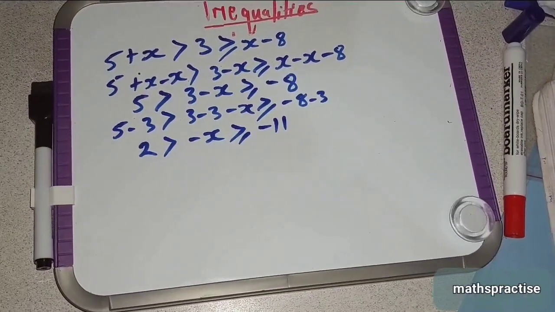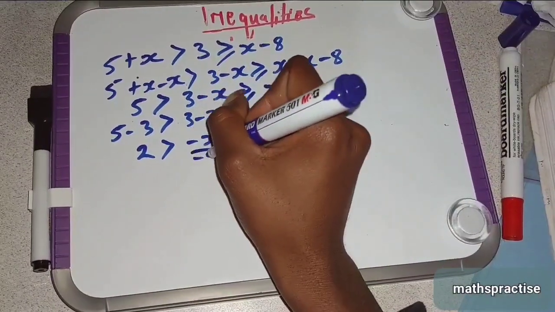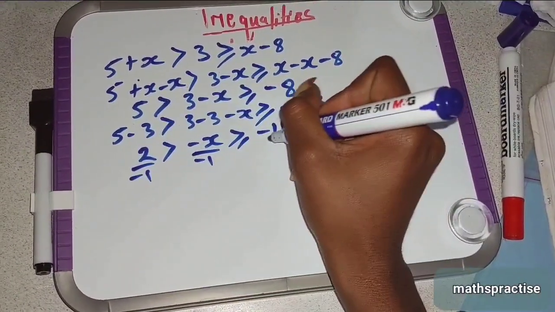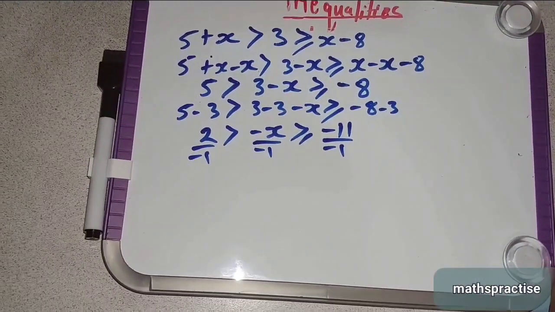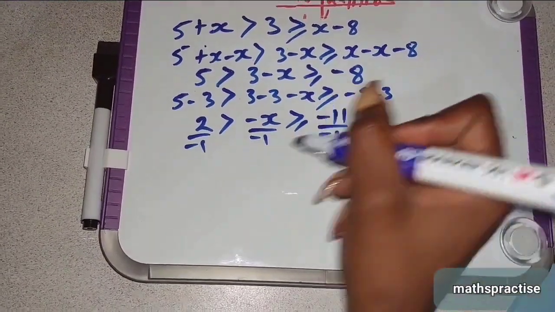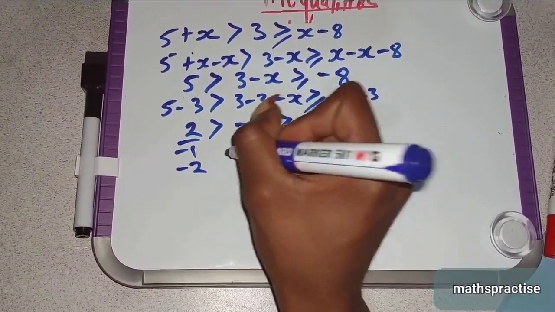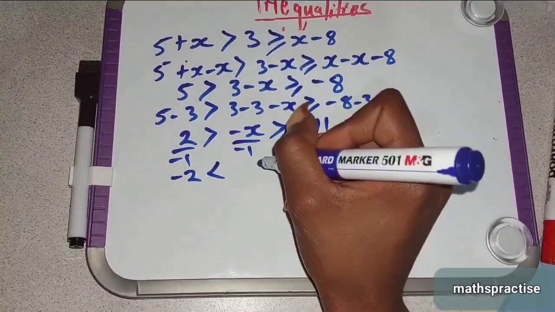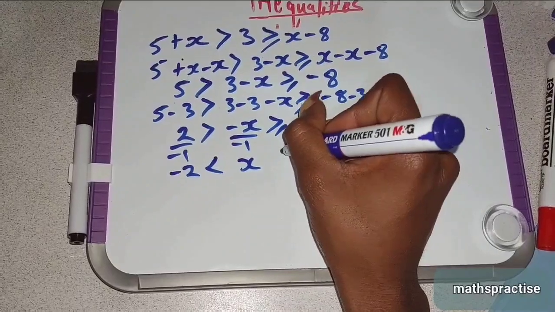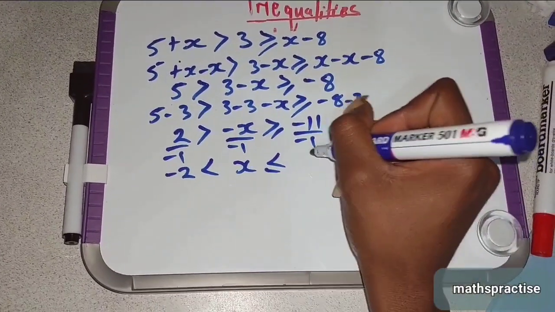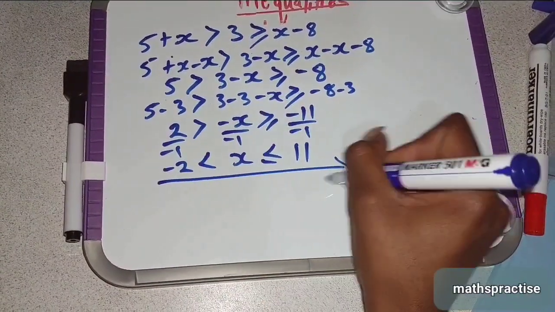The next thing, we want to remain with an x, so we have to divide by minus 1 throughout. We remain with minus 2. The sign flips, then we have x, then this sign flips again, then we have 11. So this is our answer.